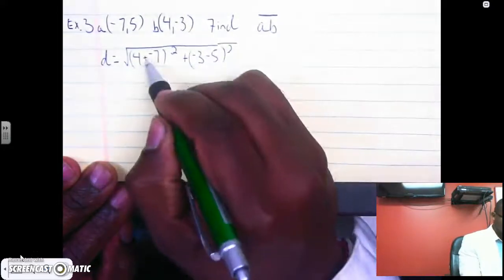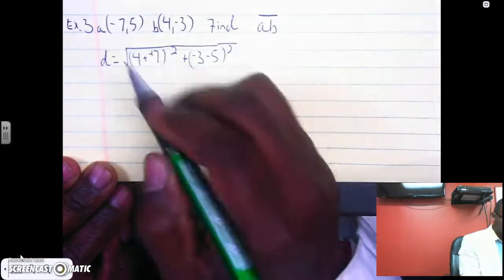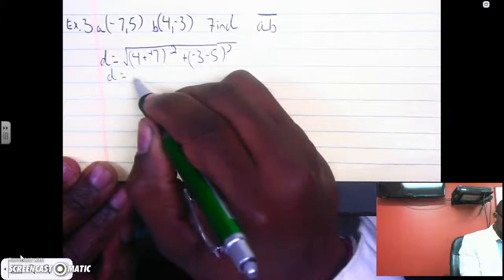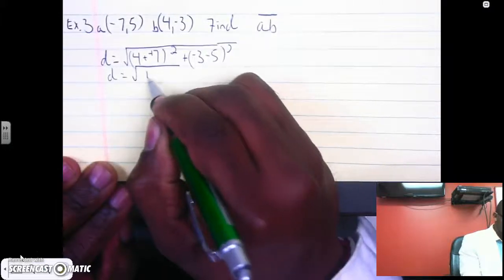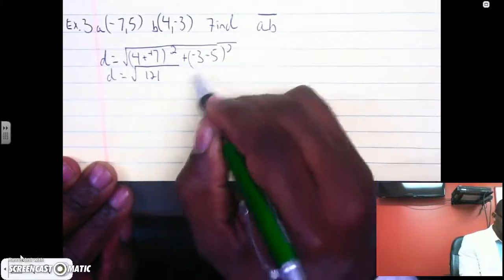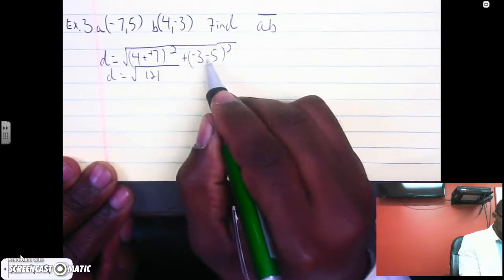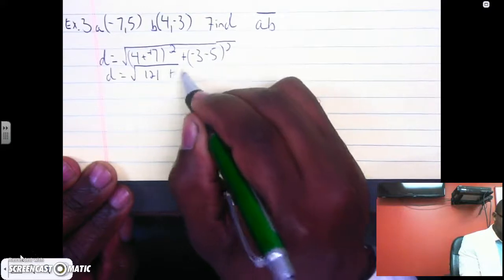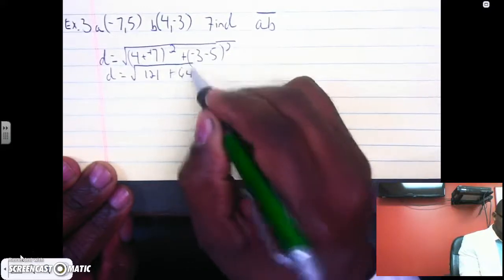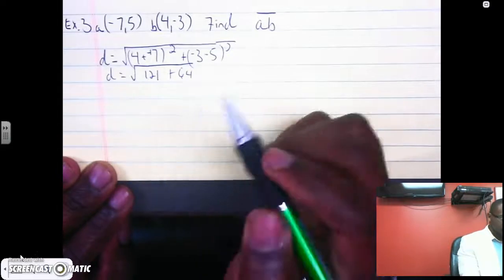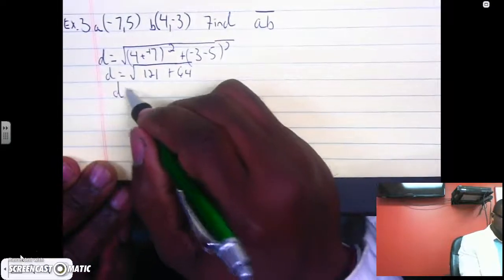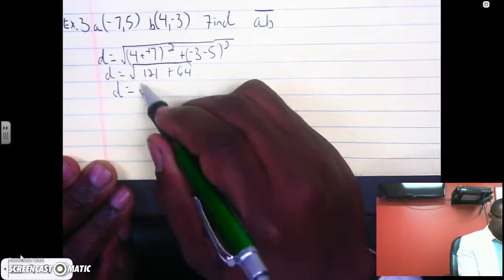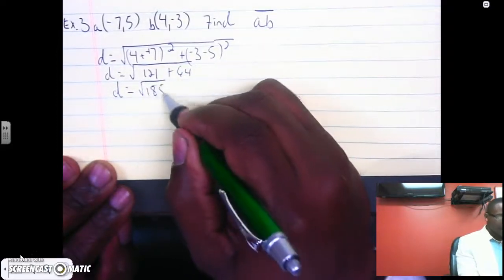And so that becomes 11. 4 plus 7 is 11. So D equals the square root of 121, that's 11 squared, plus -3 minus 5 is -8. -8 times -8 is 64. And again, don't forget your radical sign, the square root sign. It follows you. So D equals, what is that, 185, the square root of 185.